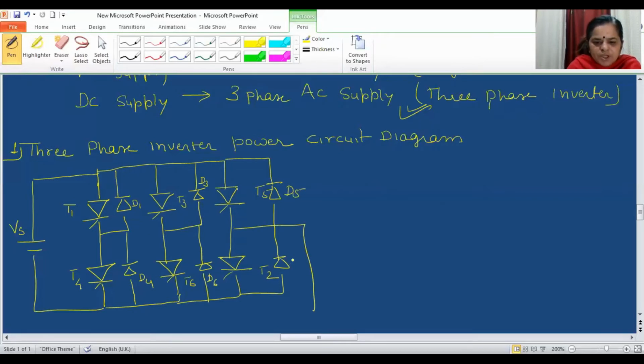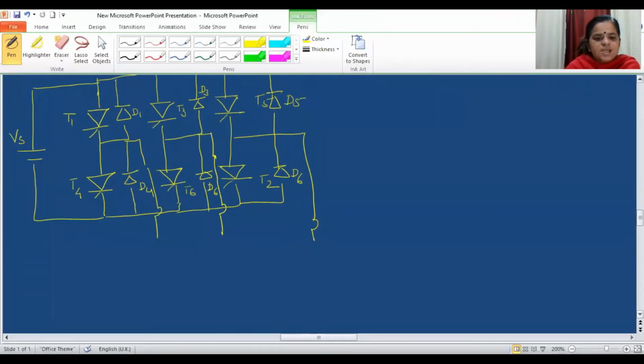From D1 to D6 there are 6 diodes, and from T1 to T6 there are 6 SCRs. These symbols T1 to T6 I am using for the SCRs, which are also called thyristors, and D1 to D6 are the diodes.